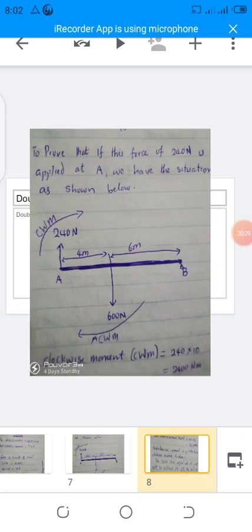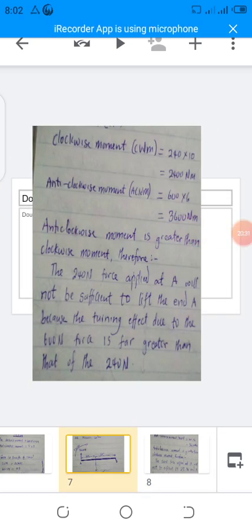But what we got at that point A is 2,400 Newton, as you can see. So therefore, this 240 Newton applied at point A is not sufficient to lift the end A.